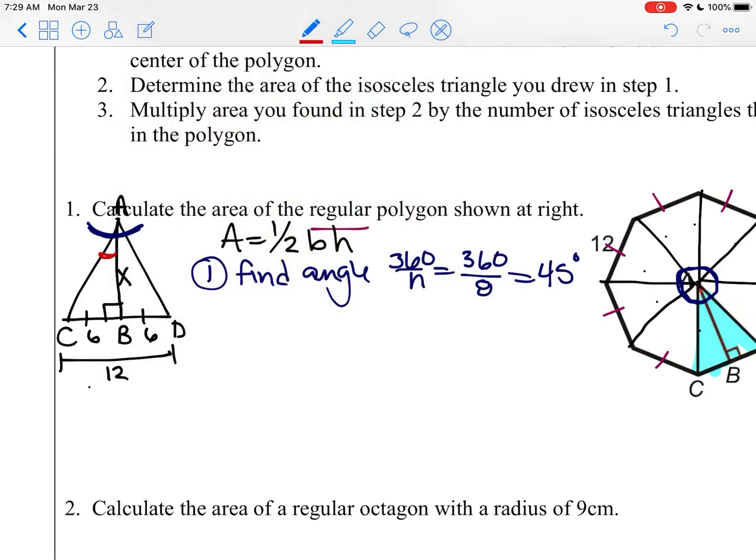So just like the apothem splits the base in half, it also splits that angle in half. So then step 2 is to take that large angle, and we're going to divide it by 2. And that gives me 22.5 degrees. Okay, so this angle right here is 22.5 degrees.